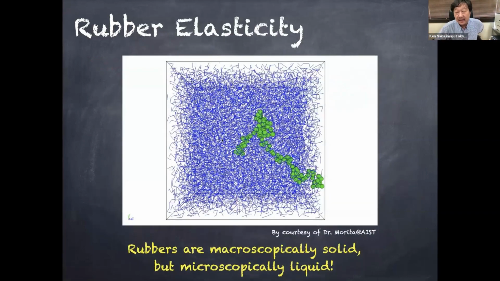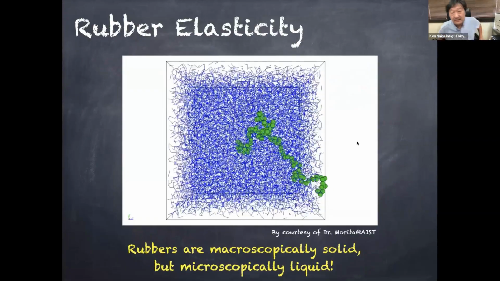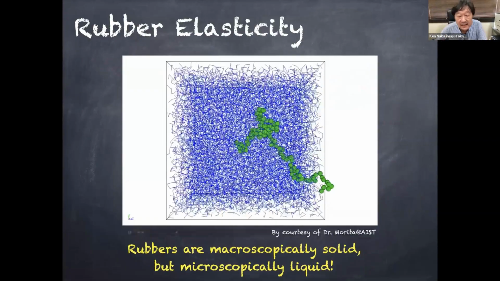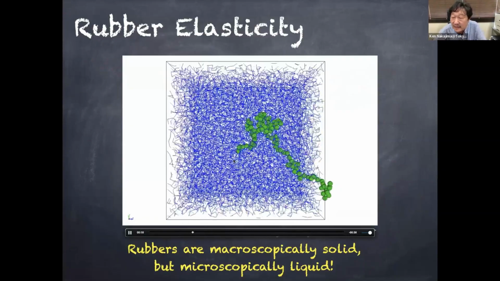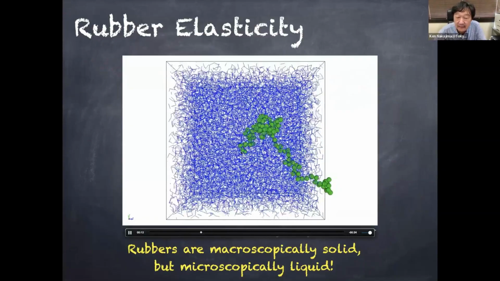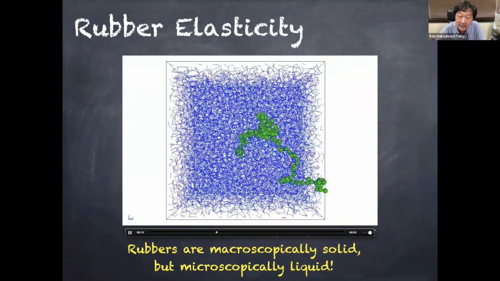So this is once again the simulation movie of inside of rubber. Each blue line expresses a polymer chain, and one of them is now expressed by the green dot.